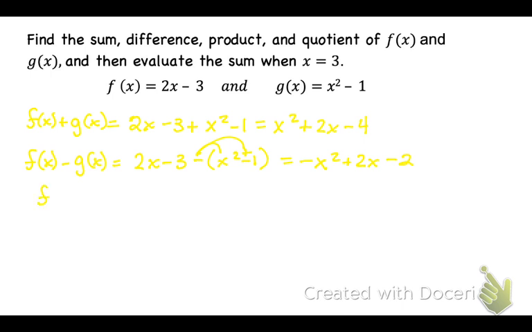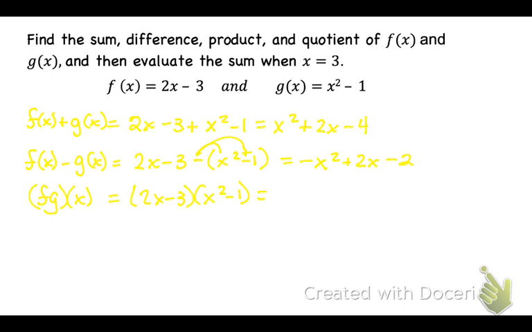Now on here, I usually go fg of x just because I don't know why. So that means multiply, yes, product. So what do I have to do when I multiply 2x minus 3 times x squared minus 1? I have to distribute. I have to FOIL, don't I?